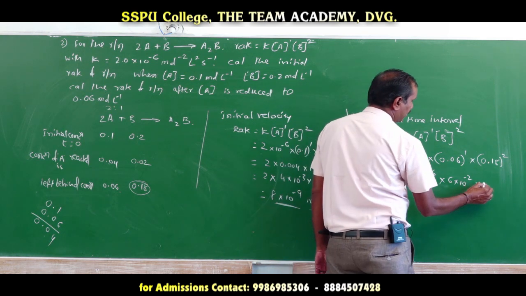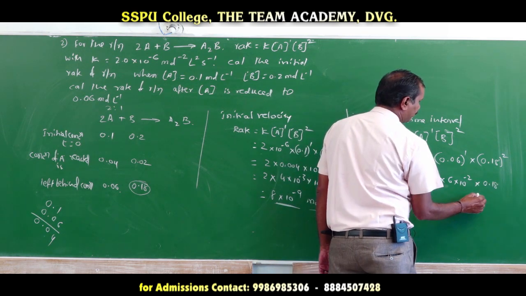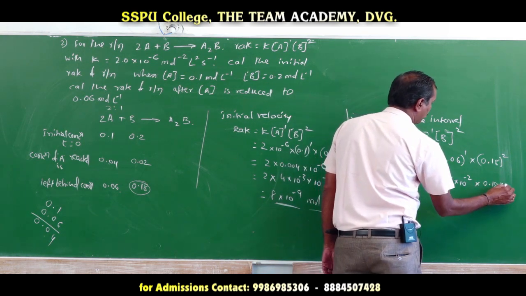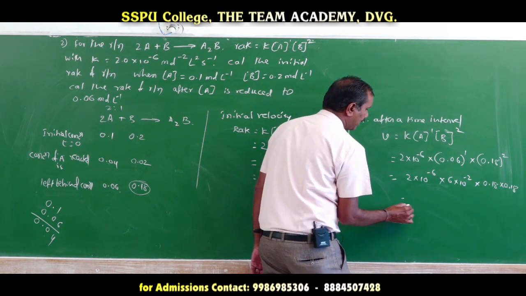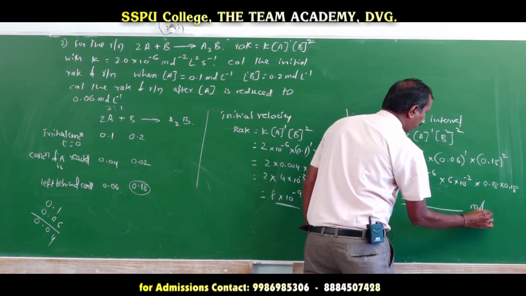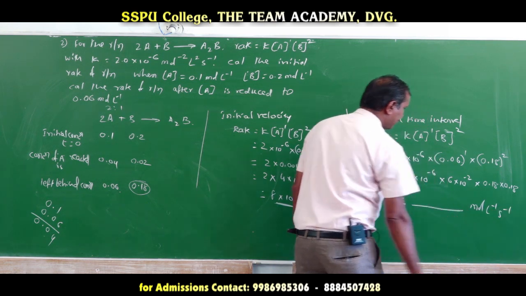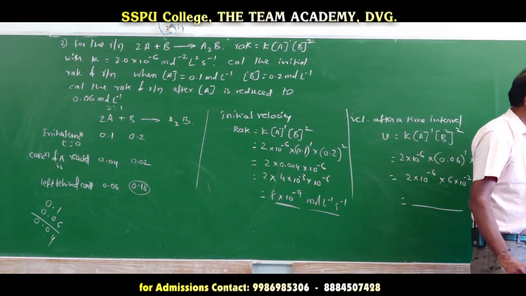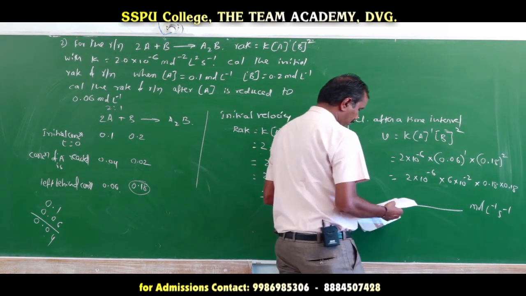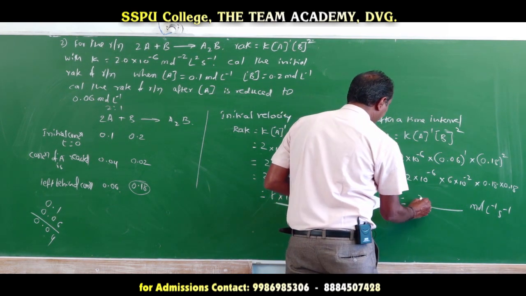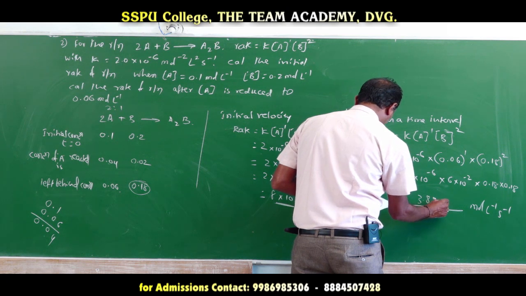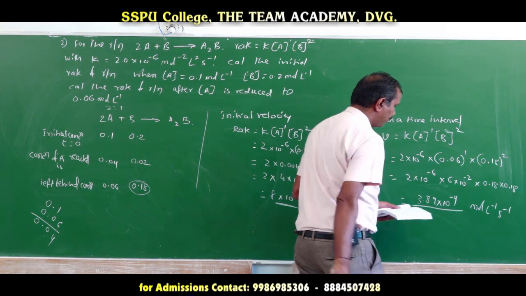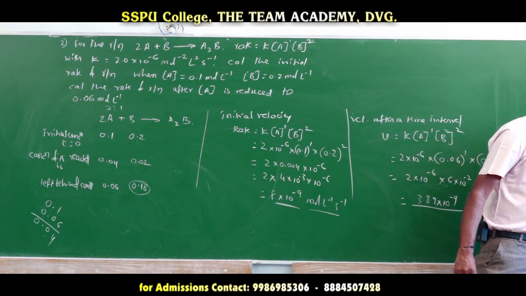We have to calculate that. Finally, we get the answer, in mole per liter per second. The final answer becomes 3.89 into 10 to the power of minus 9.